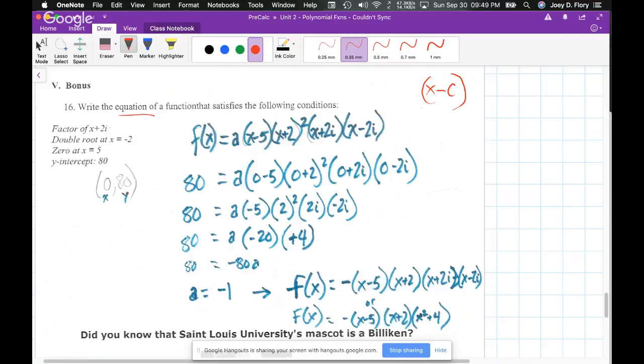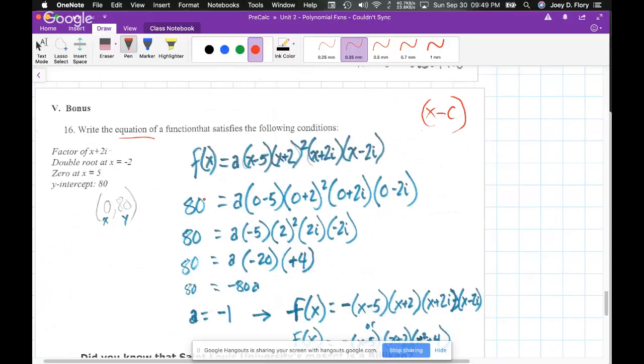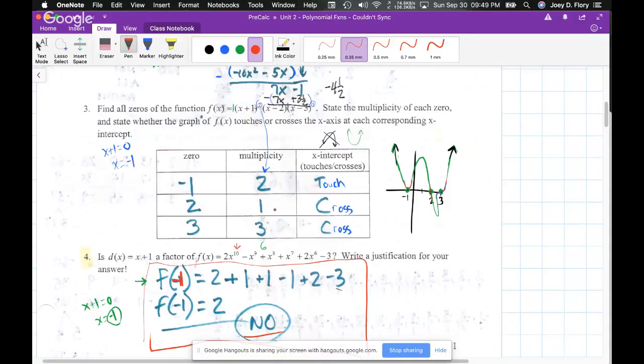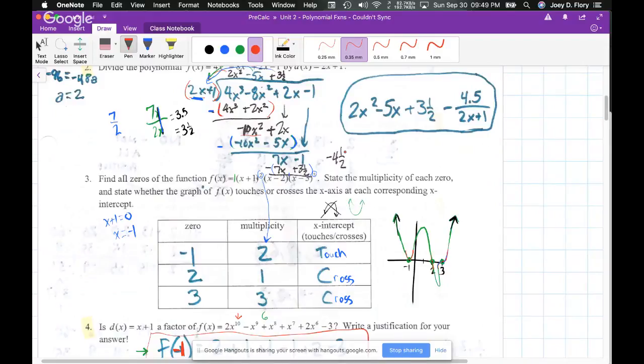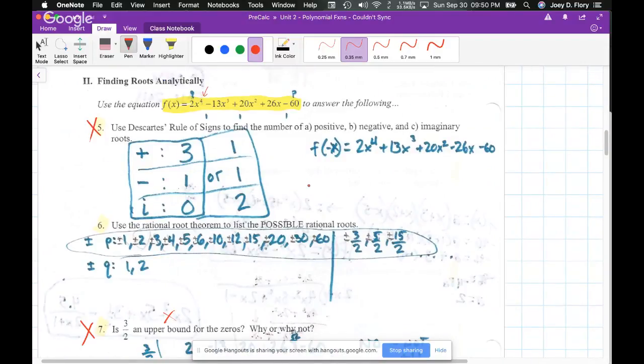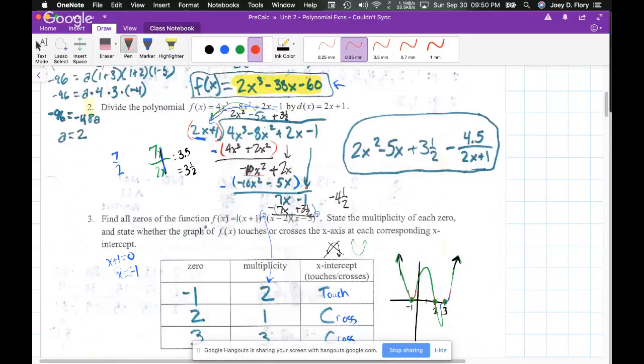Same thing we did with the, I think it was number 2 or number 3 on the front page? Oh, it was number 1.